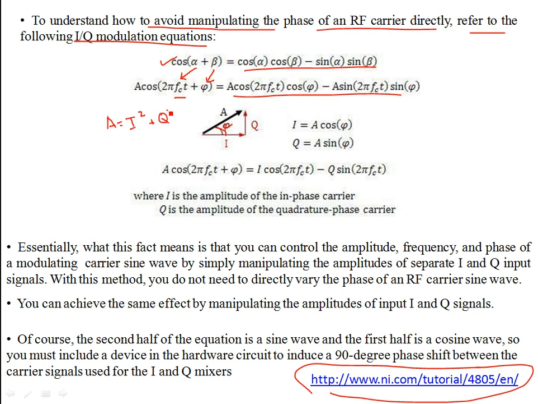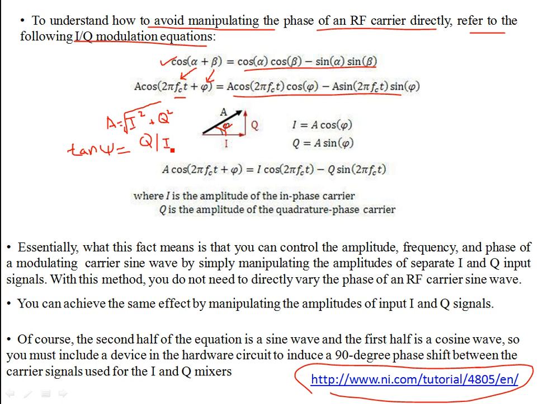That's the same relationship under the root, right? Similarly, for this phase, as you can see from here, the tangent of that phase is Q over I, right? That's Q over I.